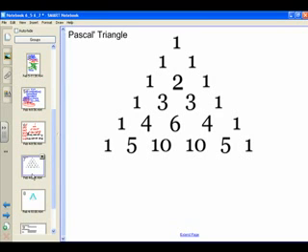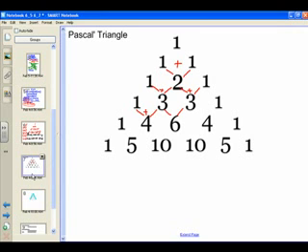And at the end is always the 1. So we have 1. 1 plus 1 is 2. Here, I have another 1, but 1 plus 2 is 3. 1 plus 2 is 3. And we have 1s at the end. Notice there's always a 1 at the end.